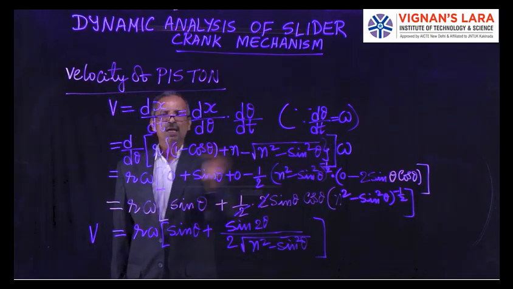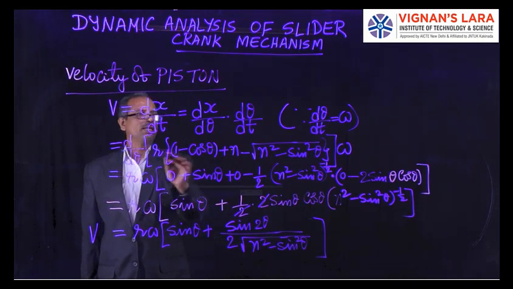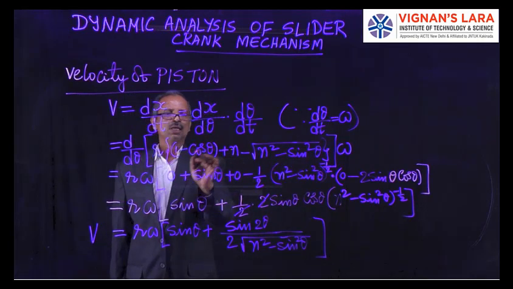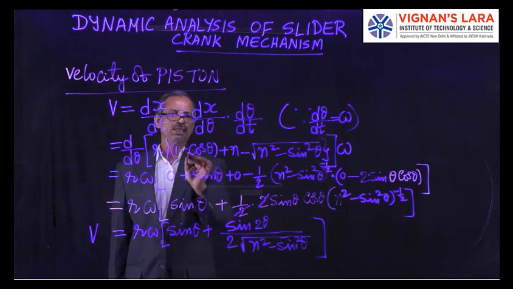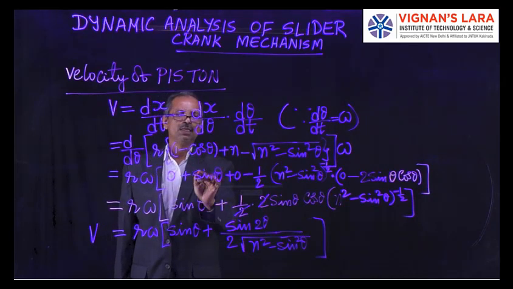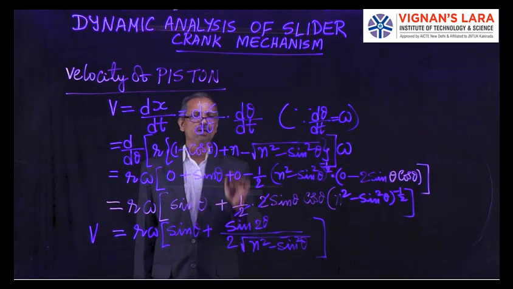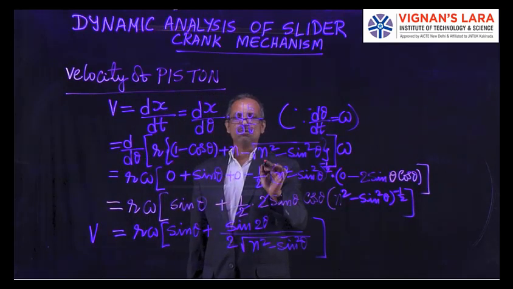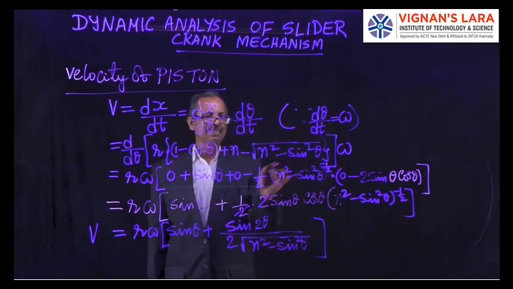Then omega into r I have taken out. Then I am differentiating these inner terms: 1 is 0, cos theta differentiation is minus sin theta, there is already a minus too, so minus plus sin theta, n differentiation is 0. Then here n square minus sin square theta under root, so root x like that.